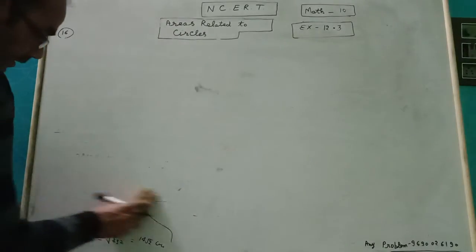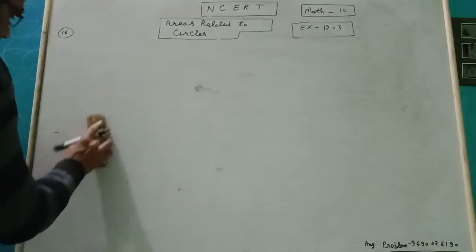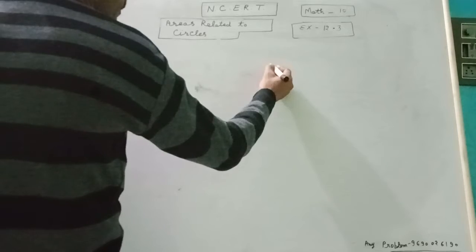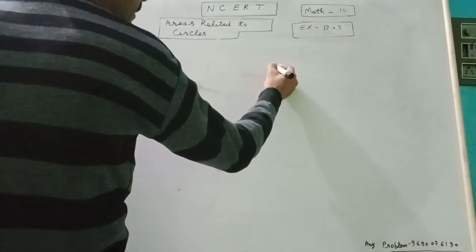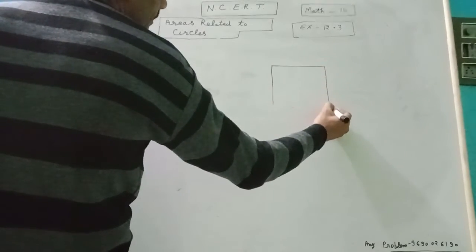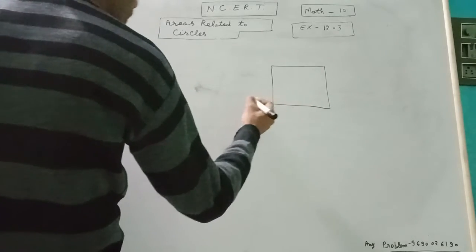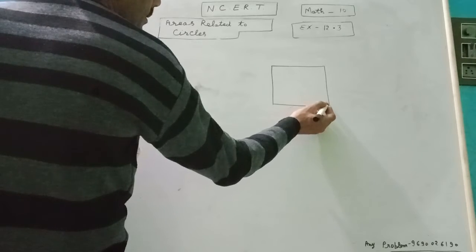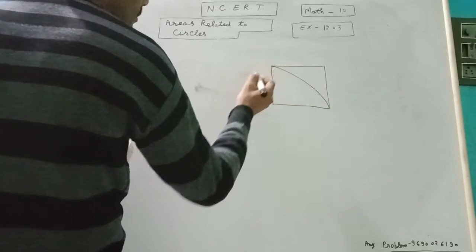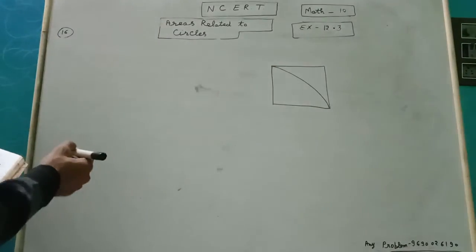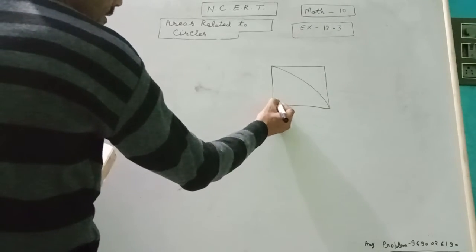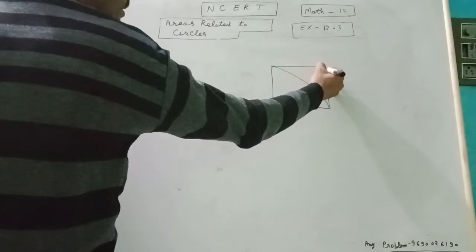Which side is 8 cm? Eight cm square. The angle of the square will be 90.